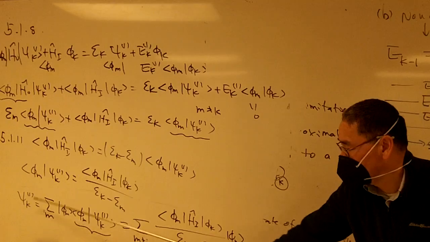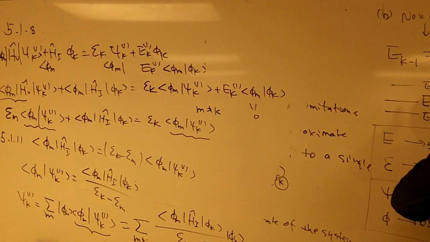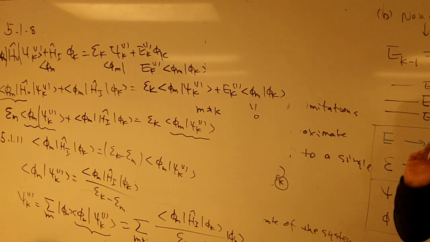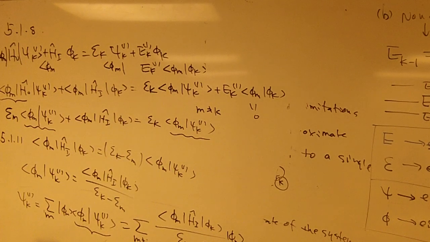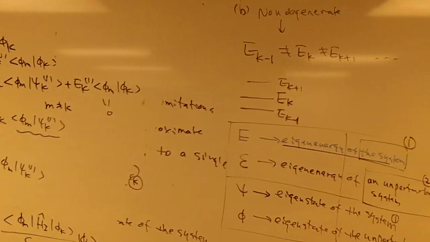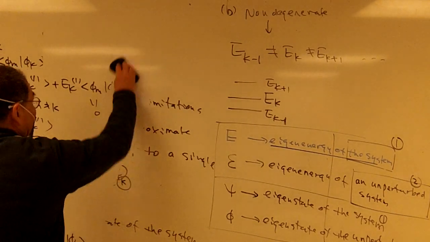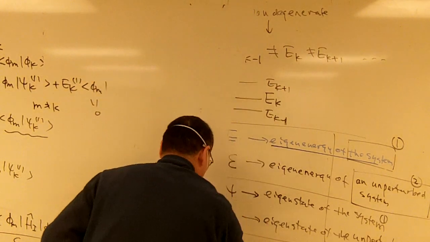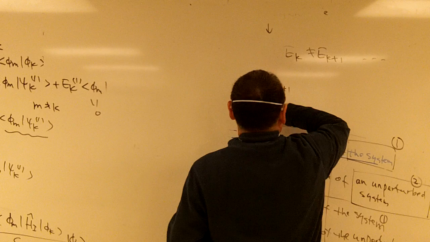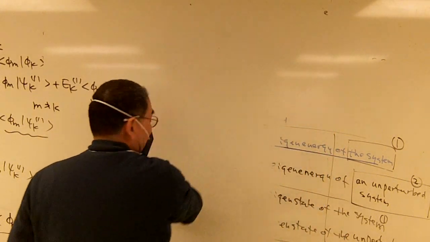So the first order wave function is off-diagonal, but the first order energy is diagonal. You remember that. That's the key difference. I'm going to summarize this on the board before we move on to the next. This is quite important conceptually. So we're going to summarize this so that we can remember it easily. Here is a summary.